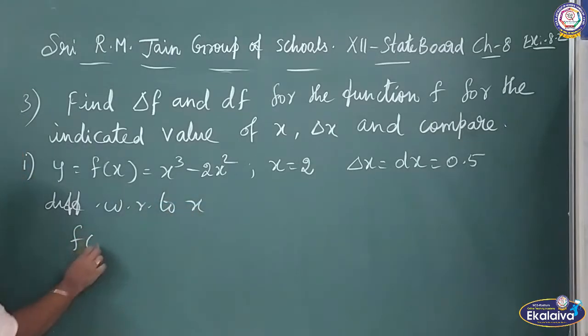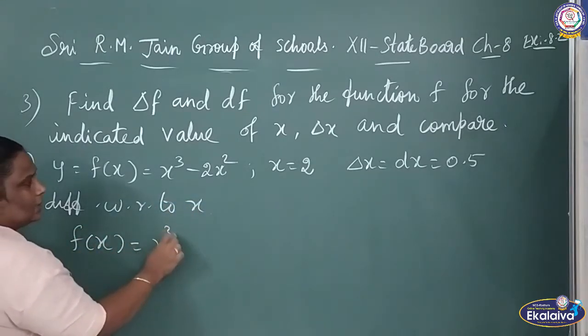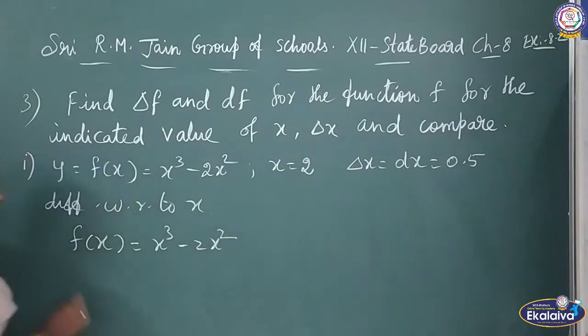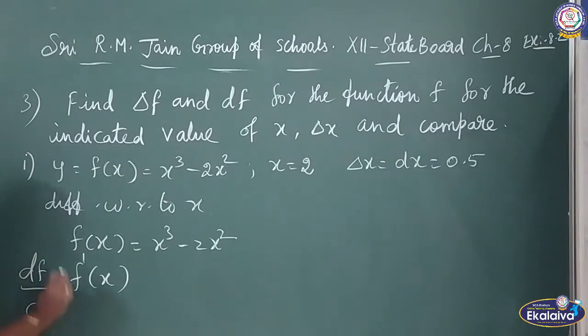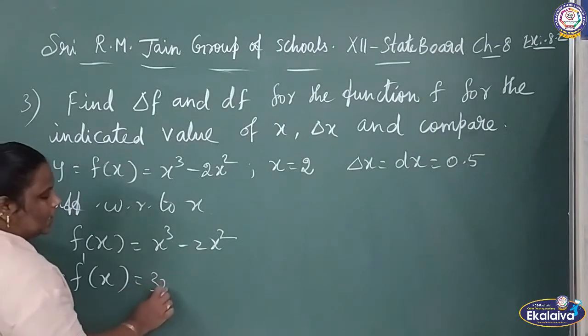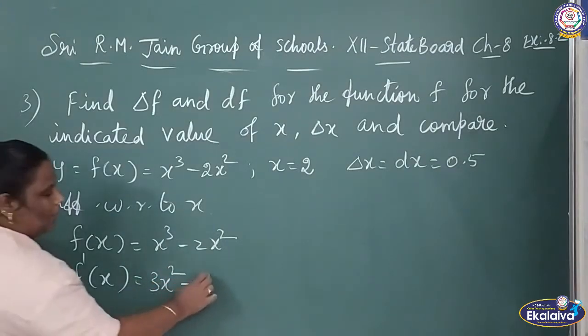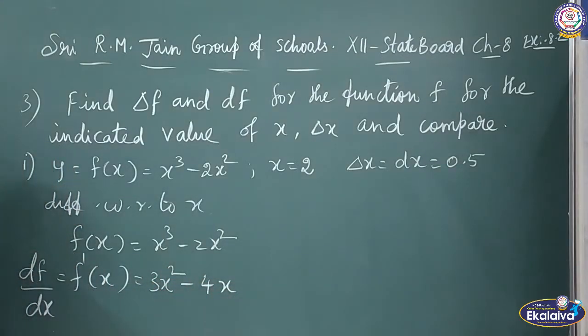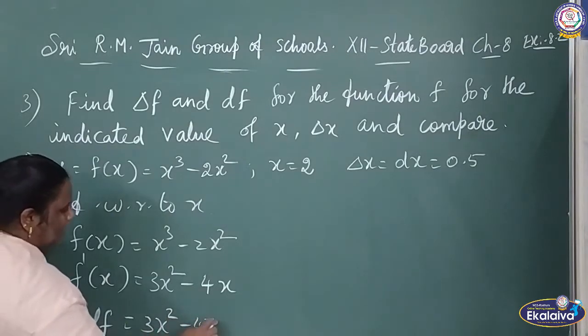f of x equal to x cube minus 2x square, which you can write as f dash of x, or df by dx, equal to 3x square minus 4x.